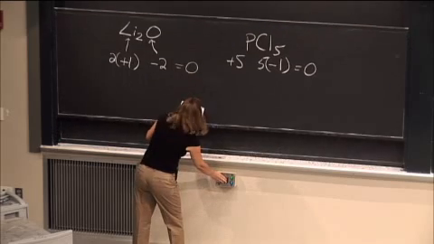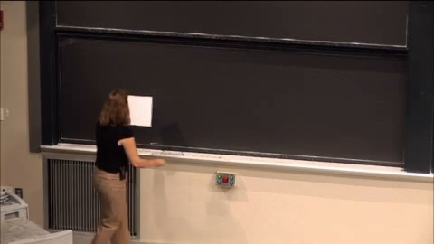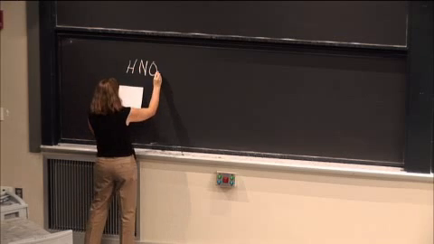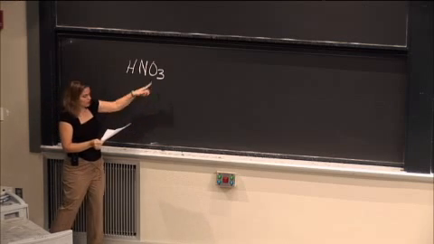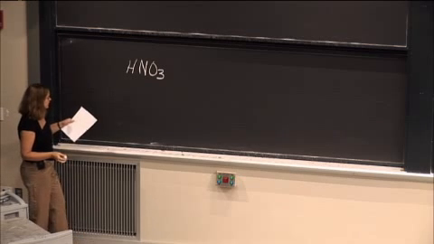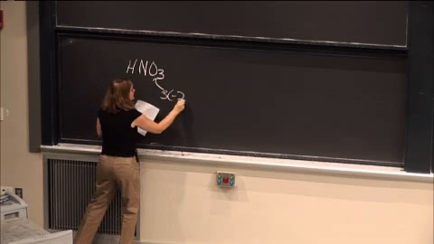So let's do a couple more. So what about HNO3? So let's start with oxygen. You told me about oxygen. What's oxygen going to be here? -2, and there are 3 of those.